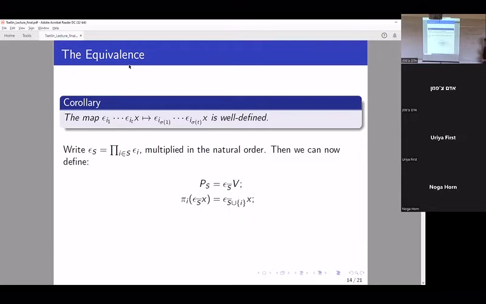Okay, so how do we encode substituting 1 for an element? We just multiply by epsilon I, well, in the right place. Again, I might be somewhere in between the elements of S bar, but we can just think of it as putting it in the right place.